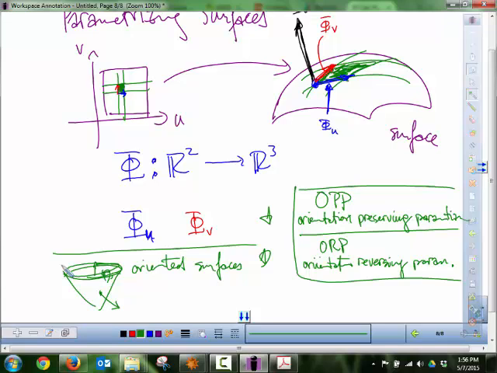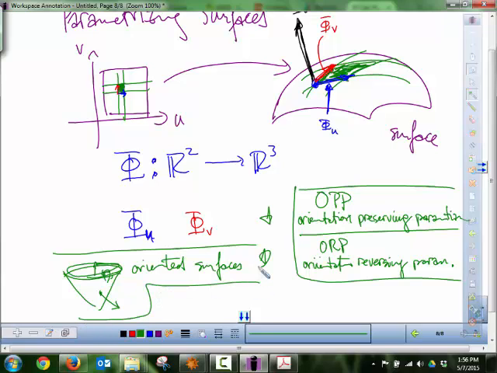It's not like a smooth thing where you can just get to the other side. So this is a can that has an inside and outside. The only way I can get my normal vector to point the other way is to go onto the other side, on the inside. So this is an oriented surface.